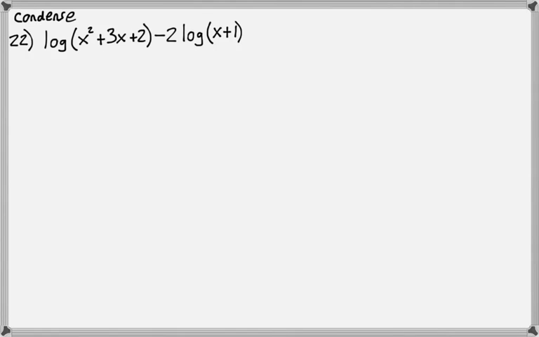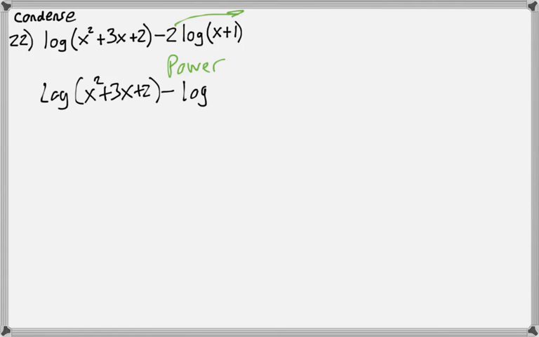On question number 22, I'm trying to condense the two logarithms into one logarithm. So the first thing I'm going to do is bring up this coefficient as a power, and this will be log of x squared plus 3x plus 2 minus log of x plus 1 squared.